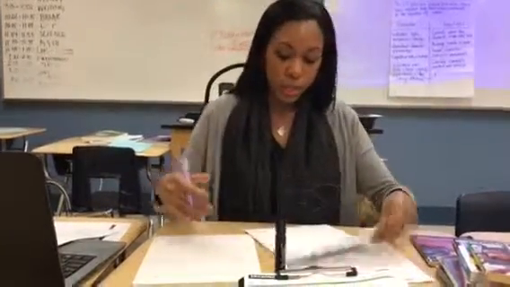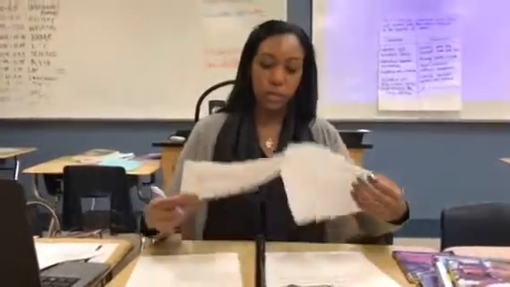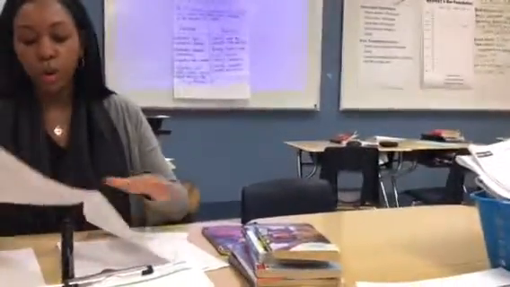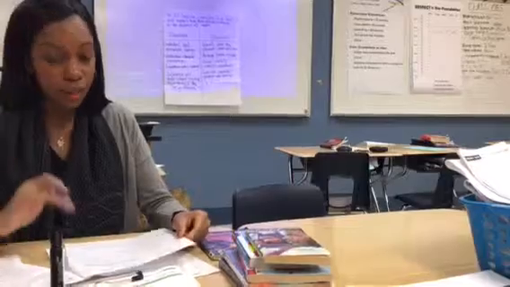All right, so what's the plan? So doing a quick model, showing them the example and the non-example, and then having them go back and actually find what the character is saying and doing in the text, and making sure we're really asking them what does that tell us about the character, pushing them to think beyond the text. Yes.